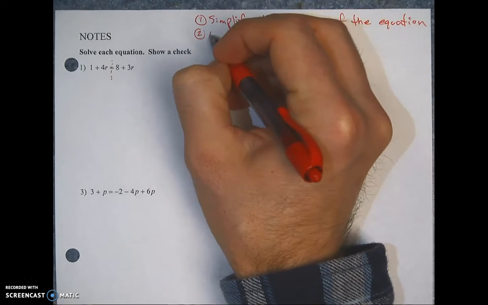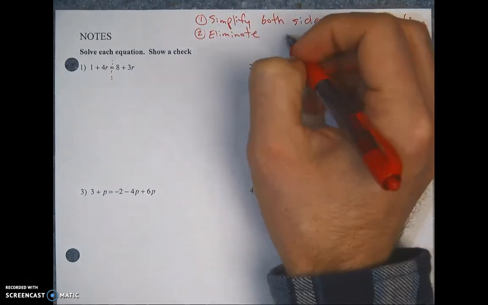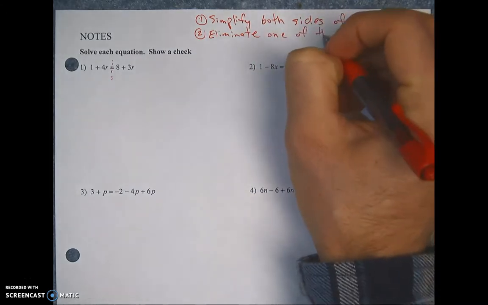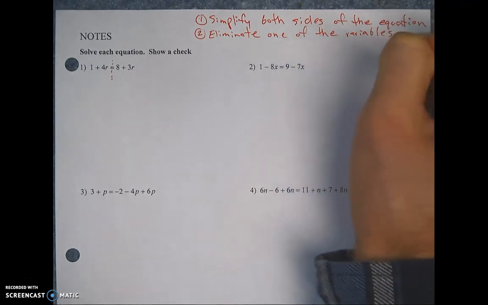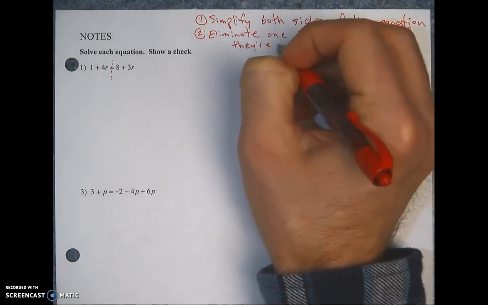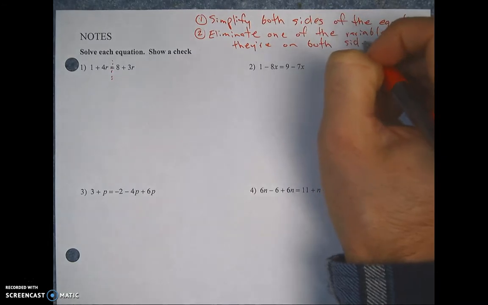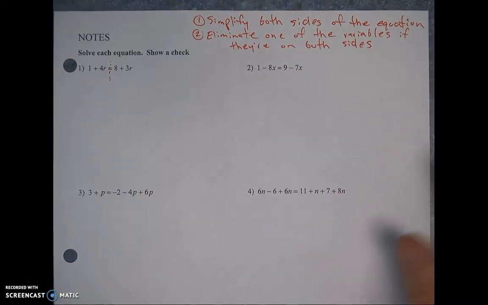Step 2 picks right back up where we were yesterday. So eliminate one of the variables if they're on both sides. And we talked about the best practice for that is to always eliminate the smaller one, because that's just going to give us positive numbers to deal with.